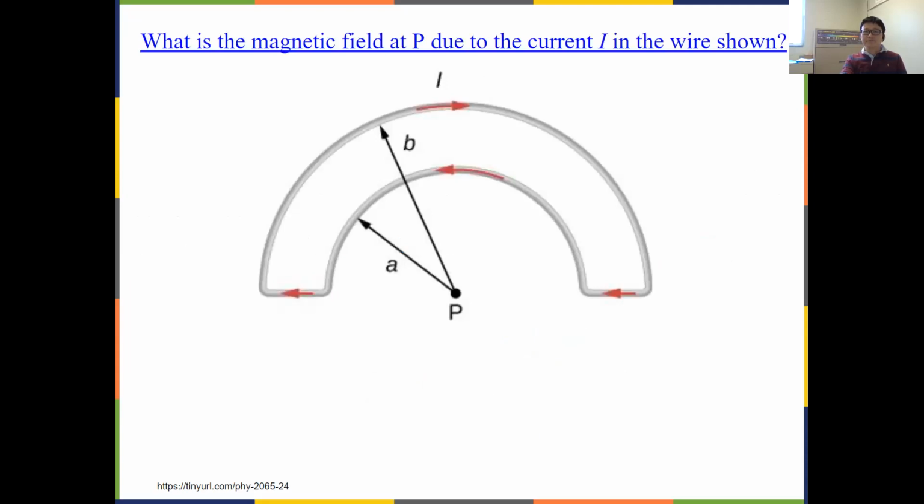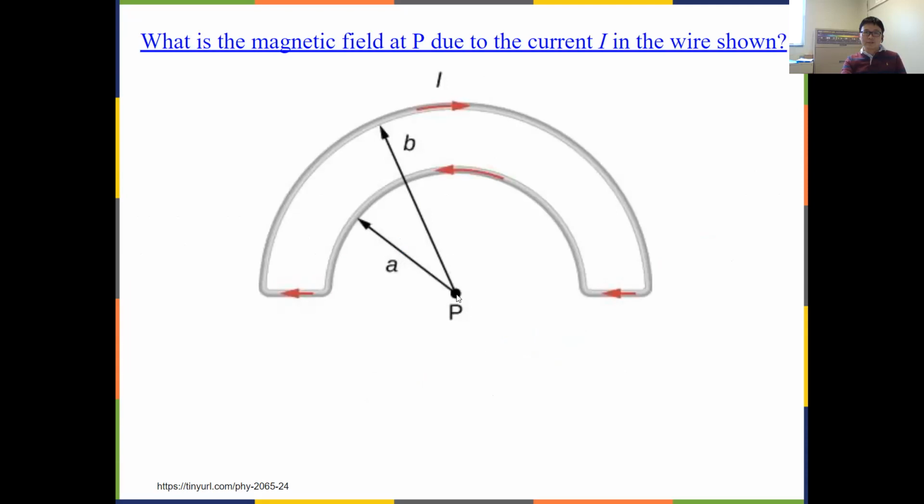All right, first example here. You have a current loop like this. Current goes in this direction and then comes back here. It's asking what the magnetic field is at this point of interest. We can analyze this.